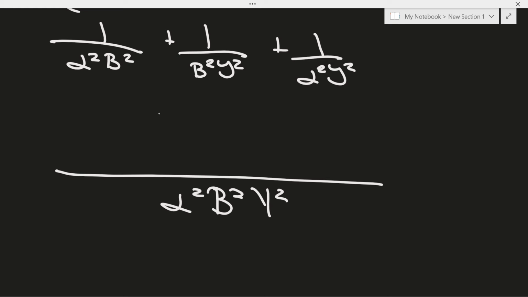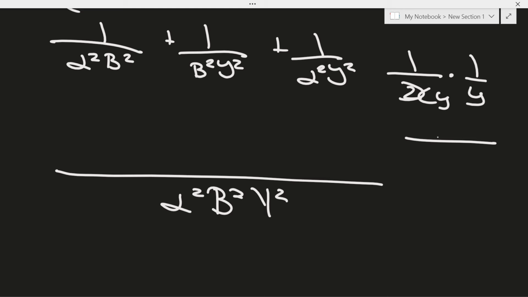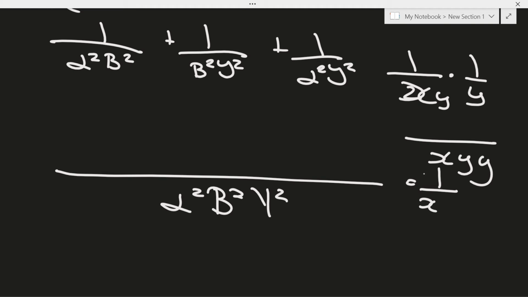Because there's no point in repeating all of these terms like alpha squared beta squared gamma squared. Say you have 1 over x times 1 over y, 1 over xy times 1 over y. You don't want to just multiply both sides by x; it would make no sense to put x, y, y, because it will automatically go into the xy. So we would just have the LCM being xy, right?